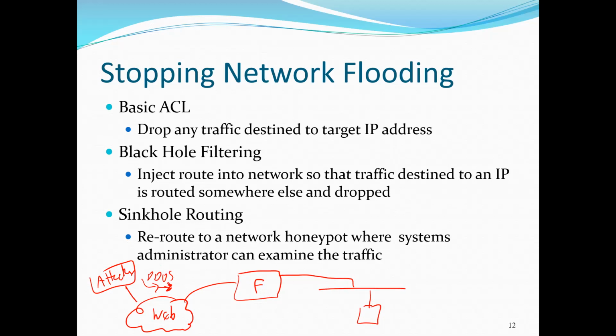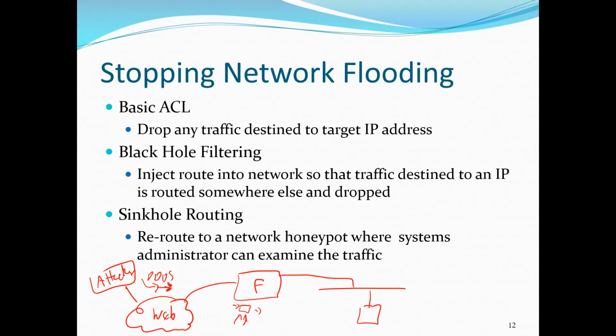Now, there are other things that you could try to do also. Inject a route into the network so that traffic destined to an IP is routed somewhere else and dropped. Remember that one of the things that ACLs can do is take a packet and modify it. So a firewall can easily do that.